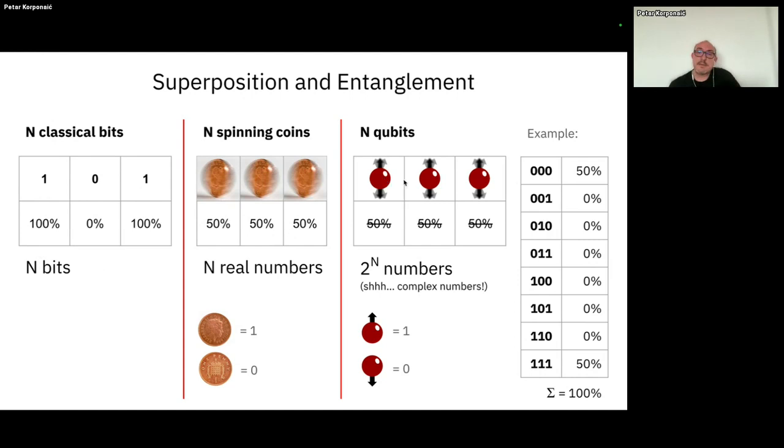Let's imagine some elementary particle, and let's talk about some property of the elementary particle which can have two outcomes. For example, a photon can be vertically or horizontally polarized, so you have only 2 outcomes. Or an electron can be spin up or spin down.